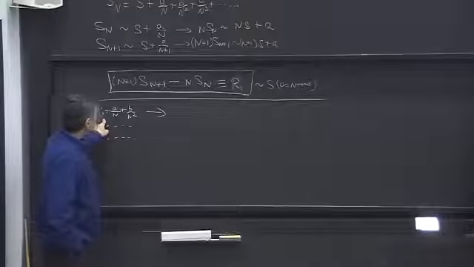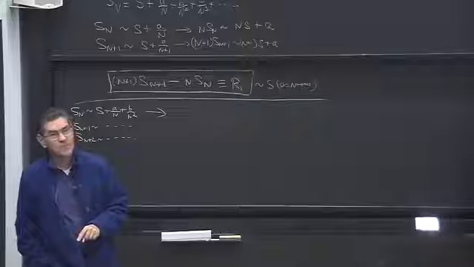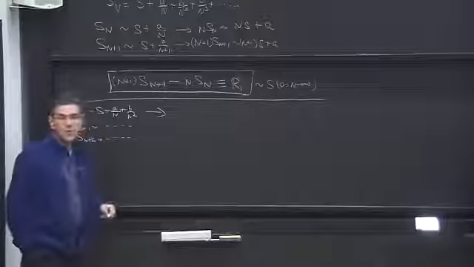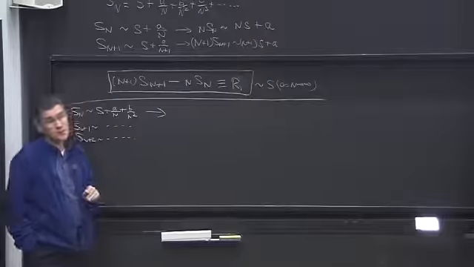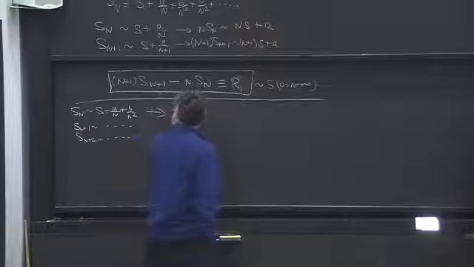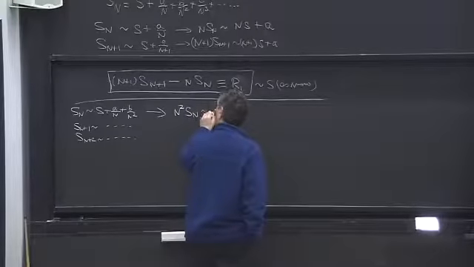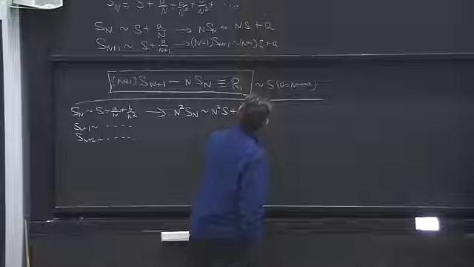We don't care about A or B. We're only looking for S here. So let's multiply the first equation by n squared this time. That will give me n squared Sn is n squared S plus an plus b.